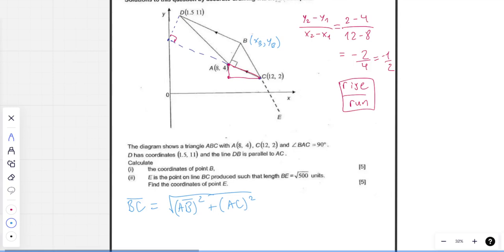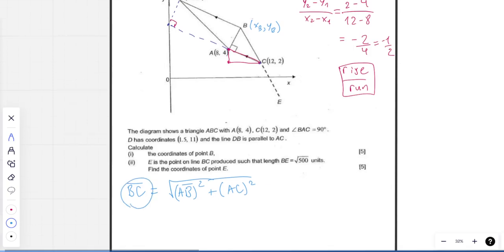That's just Pythagorean theorem. And then I can start to replace some of these. Like, for example, the length of BC is just going to be the distance between YB minus 2 squared plus XB minus 12 squared.